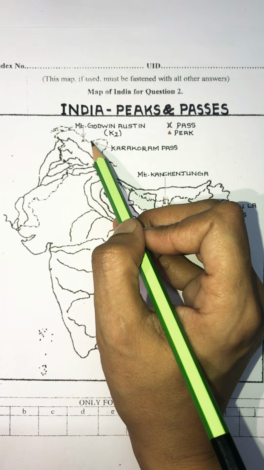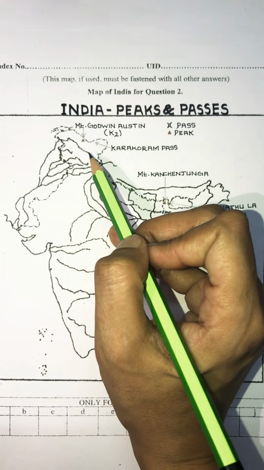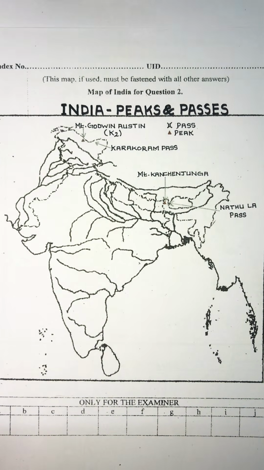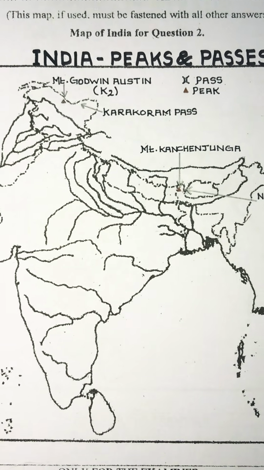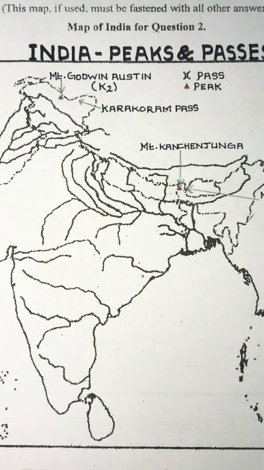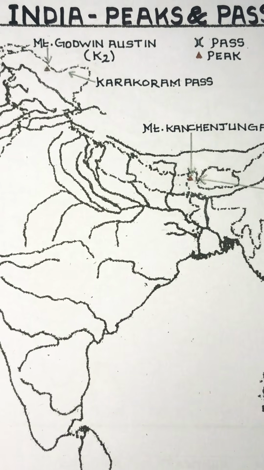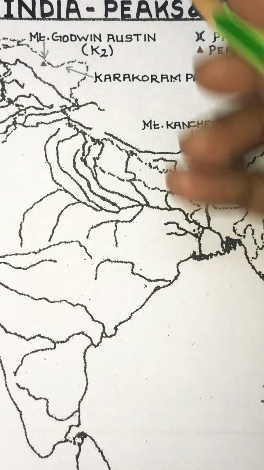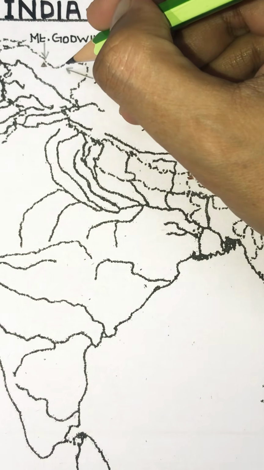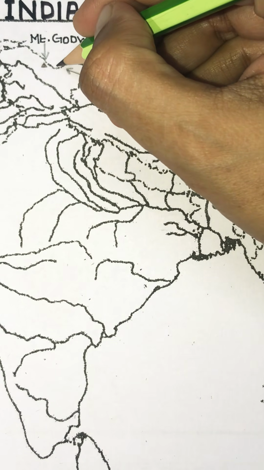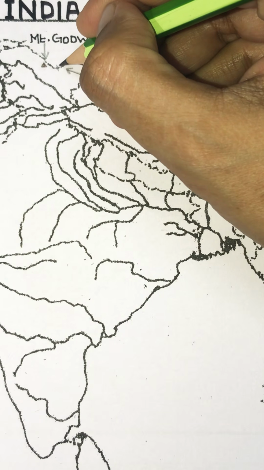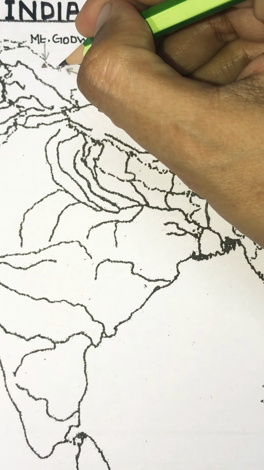Now this is the V, as I told you. On this side we have the Karakoram Pass. Exactly where? Let's enlarge and see it. Now you can see this portion. Over here I'm going to make a small pass.